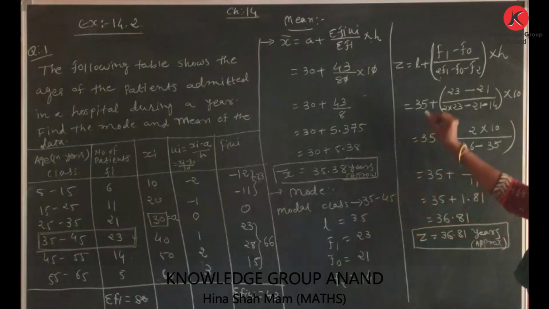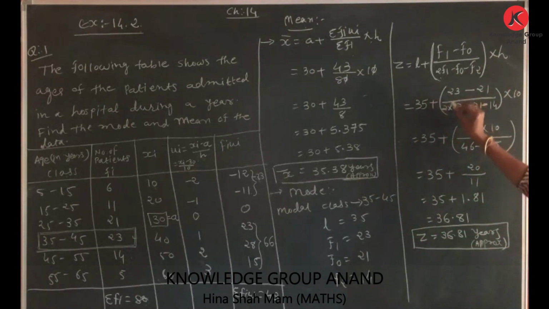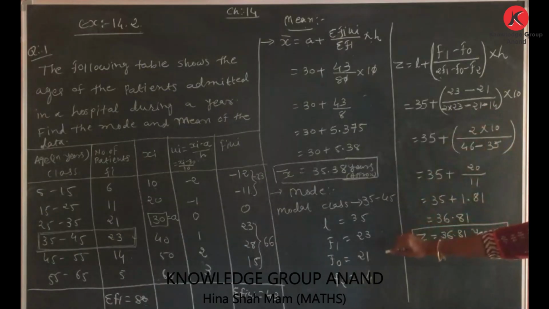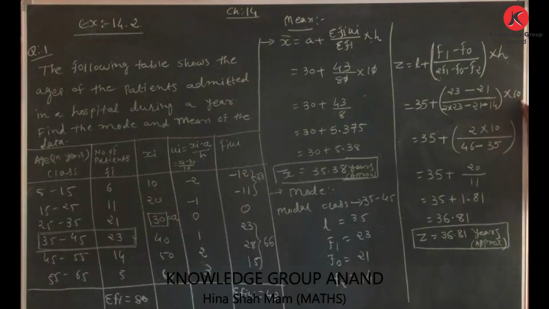Put the values: l is equal to 35 plus 23 minus 21 upon 2 into 23 minus 21 minus 14 into 10.